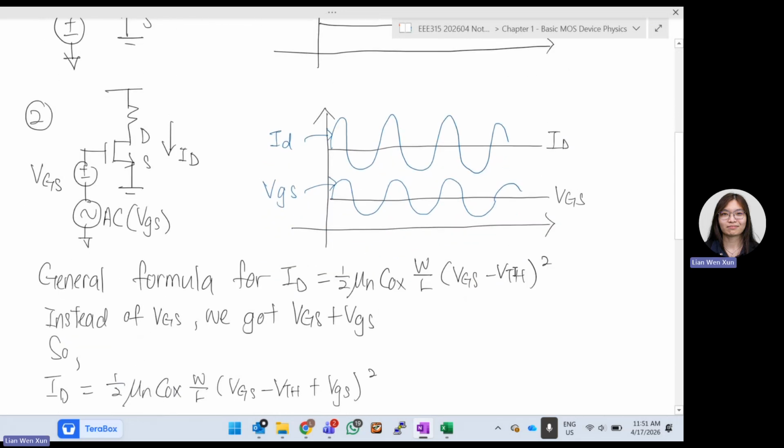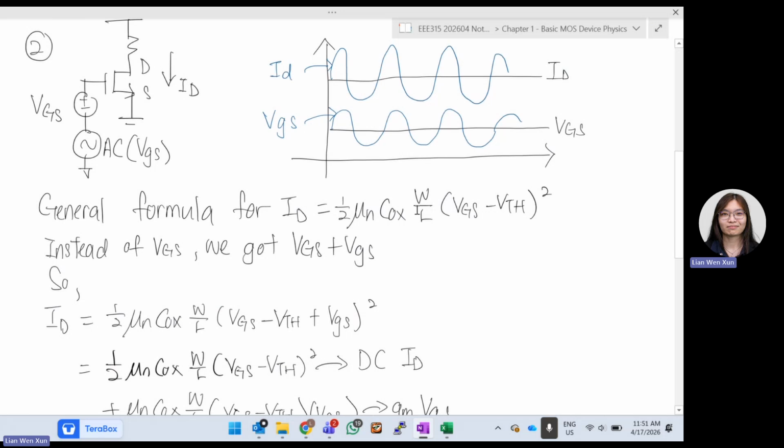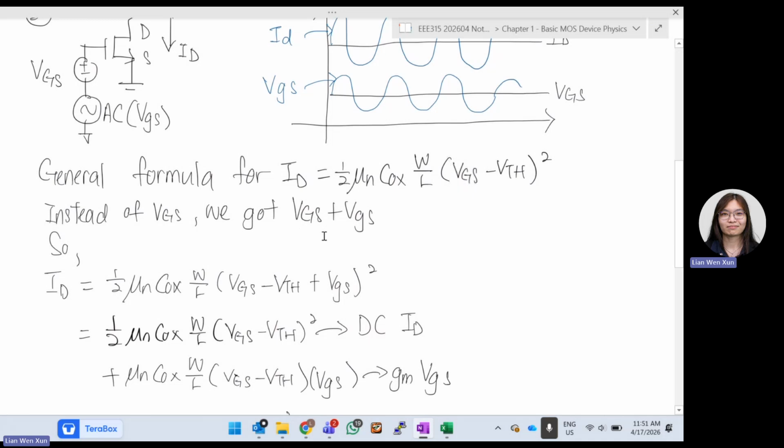Okay, so the general formula for saturation was this one: half mu n Cox W over L (VGS minus VTH) squared. But instead of VGS, it is supposed to be your big VGS plus small vgs, your DC plus AC voltage.